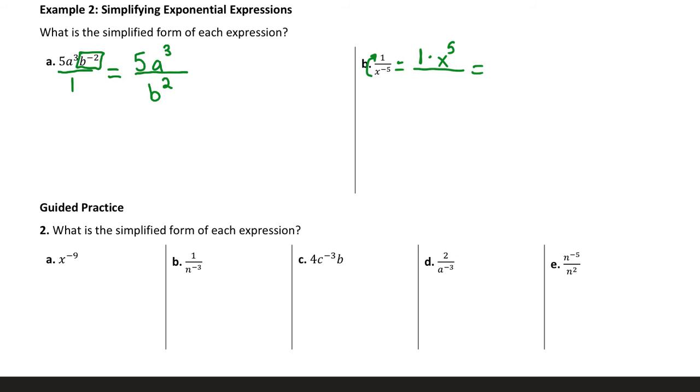So this simplifies; the 1s can be eliminated. It's just x to the 5th power. So it's understanding what a reciprocal really means. A reciprocal takes a power and moves it to the top or the bottom of a fraction. If it was on the top, it goes to the bottom. If it was on the bottom, it goes to the top. Only the things being raised to negative powers.